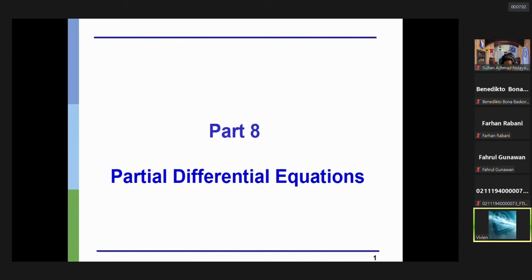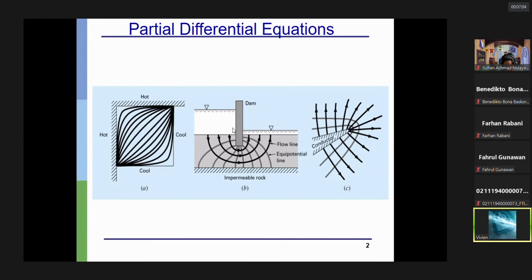Partial differential equations are commonly found in engineering problems. For example, in a heat transfer problem we have a two-dimensional plate, and we keep the temperature constant at a certain value on one side and the second side, and the bottom and right side at a cooler temperature.